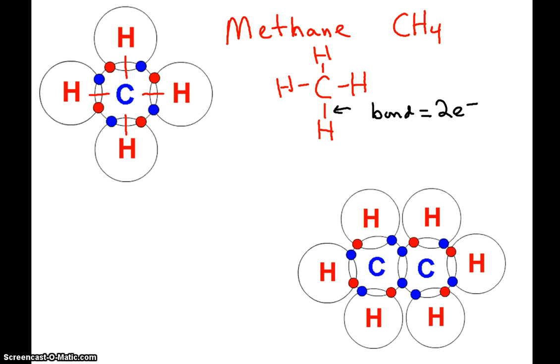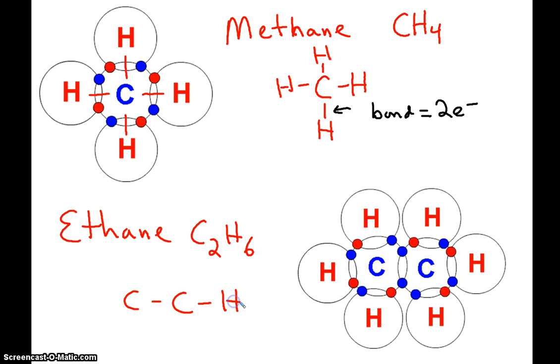Now in the lower right, we have ethane. There are 2 carbons and 6 hydrogens, so the molecular formula is C2H6. Again, each carbon is going to have 8 electrons through sharing, and each hydrogen will have 2, so we get the bonding that we need to make them stable.